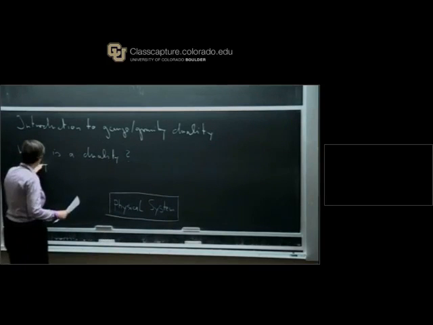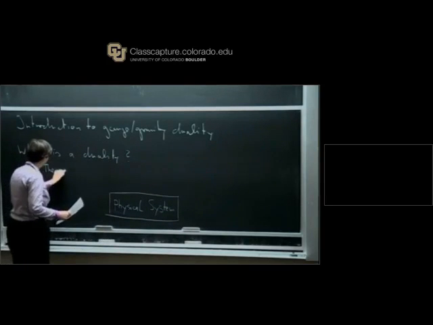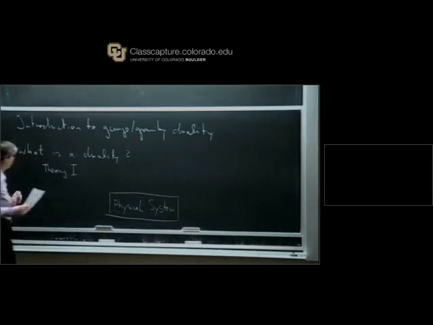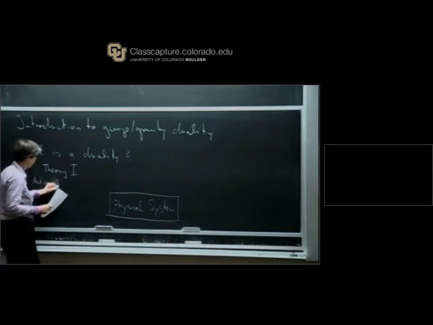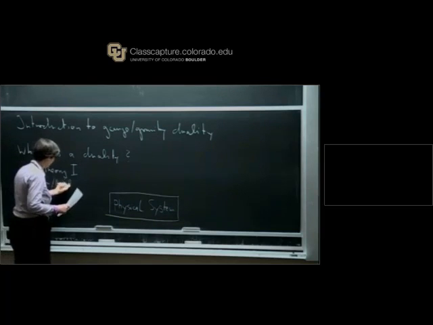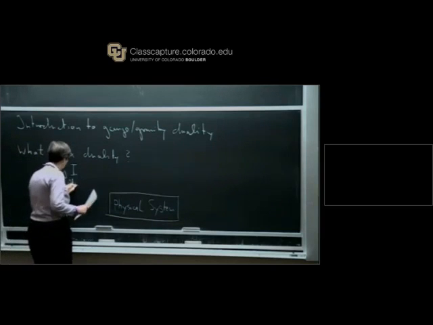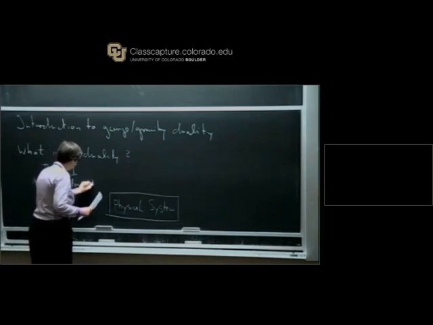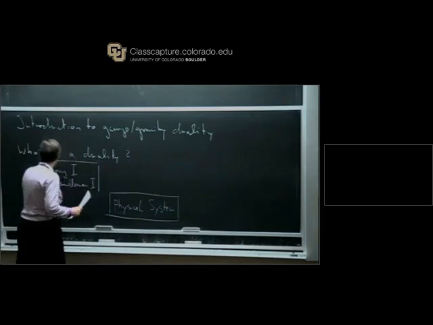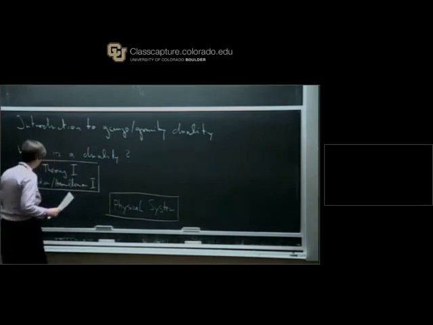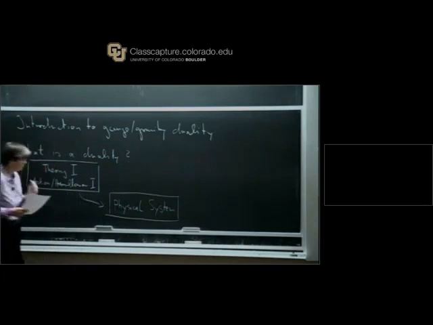So you consider the situation where you have a theory 1. A theory means in theoretical physics that you have an action or a Hamiltonian, depending on whether you do particle or condensed matter physics. And you discover that this action or Hamiltonian describes your physical system.